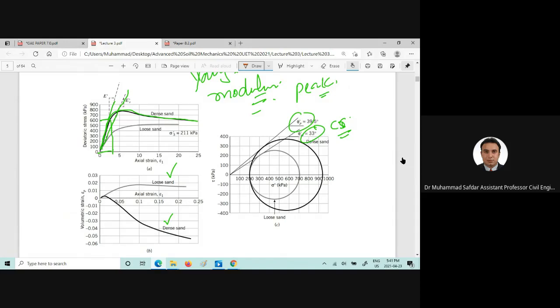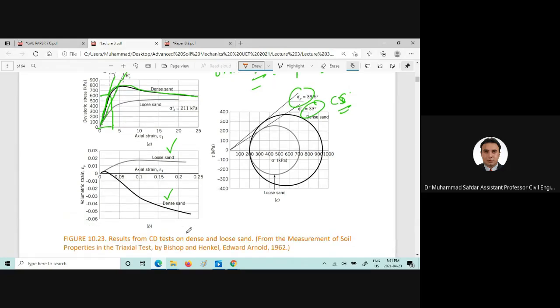Yes, that is an issue, and for that you need to reach the critical state, and that is the limitation of the triaxial test which you are going for.